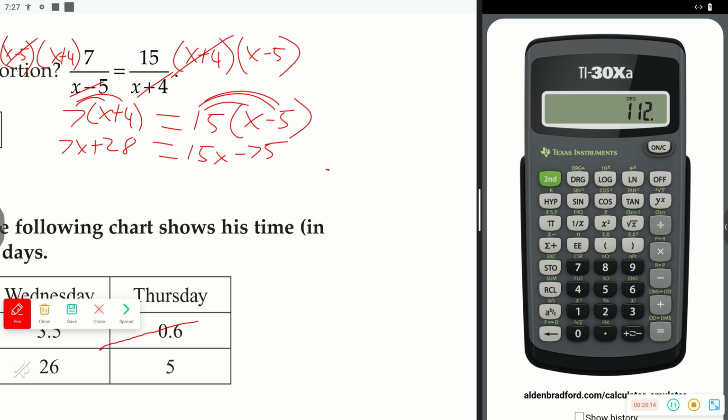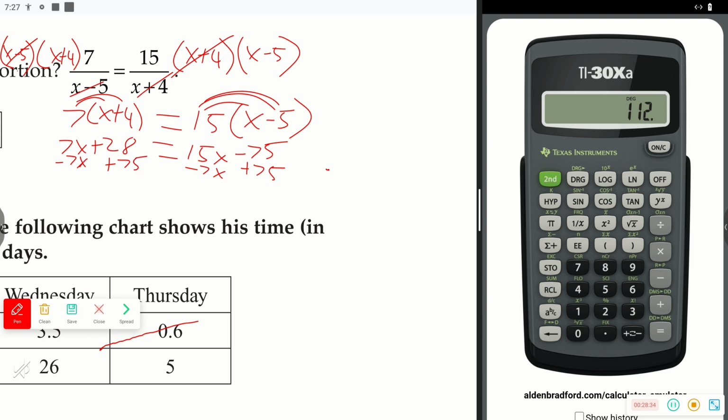And then from there, we have to get the x's on one side, and we have to get the numbers on one side. I think in this case, it's going to be easier to bring the 7x over, so we're working with positive numbers. So I'm going to do minus 7x, minus 7x, and then I'm going to do plus 75, plus 75.